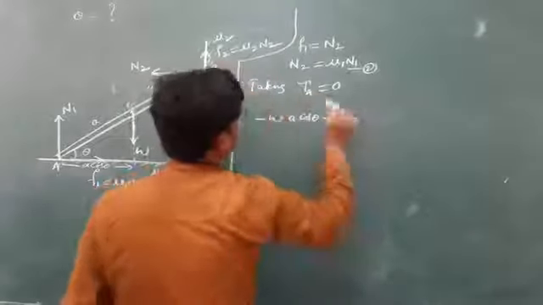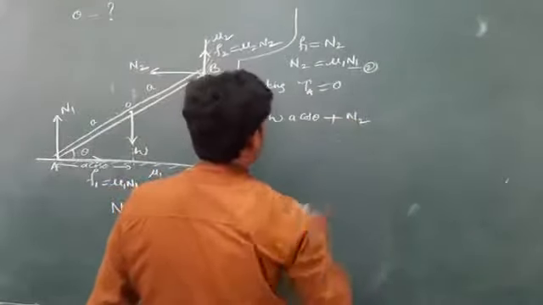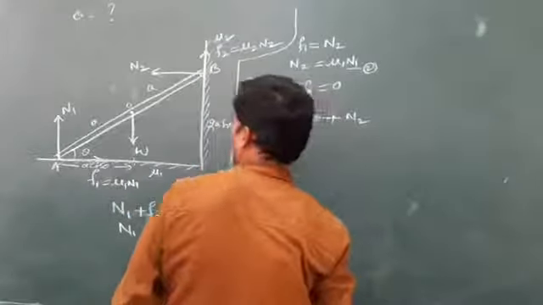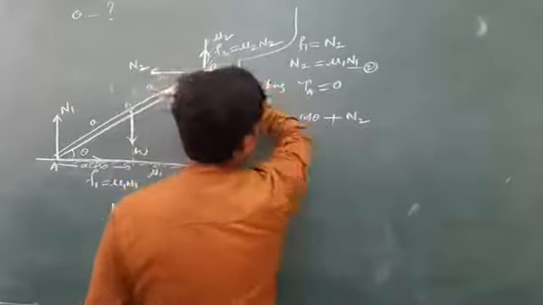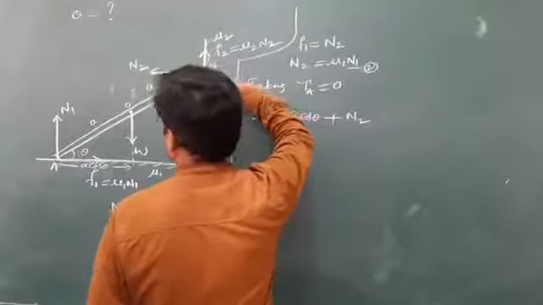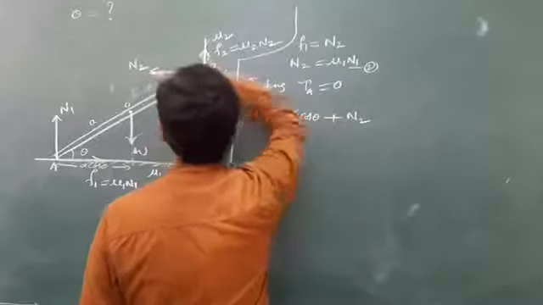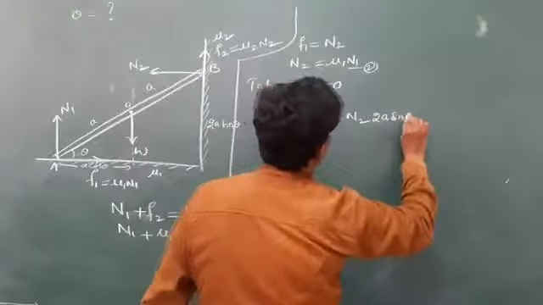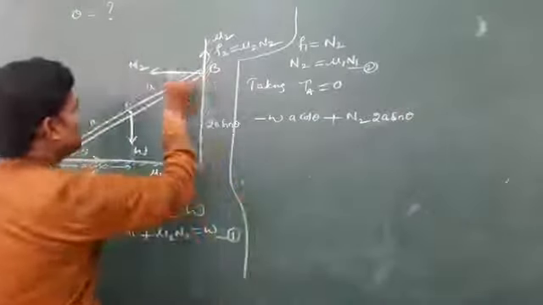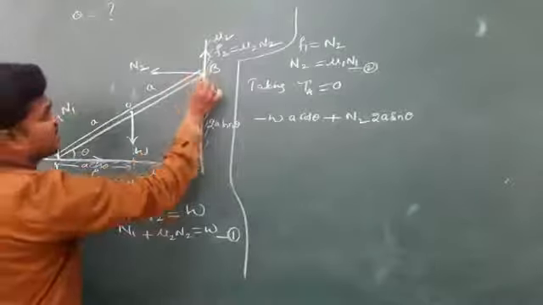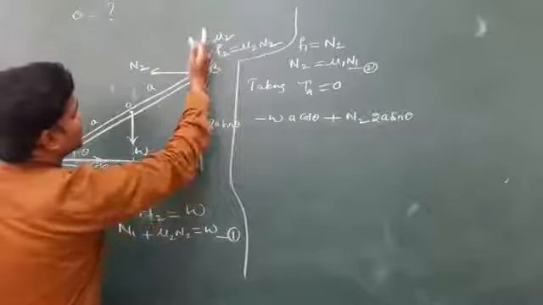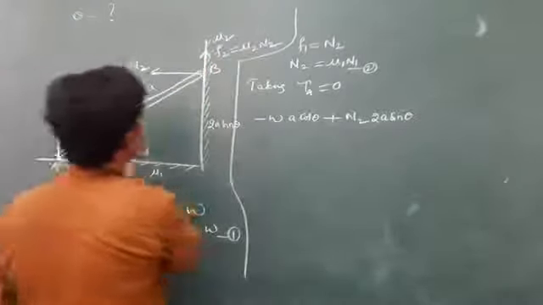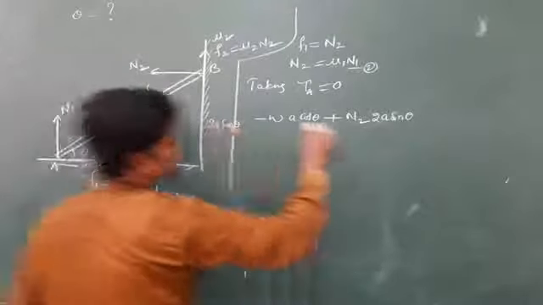Plus for this N2, this is at what distance? 2A sin theta distance. N2, 2A sin theta distance. And F2, for this F2, this is the left side, so outward. And for this N2, left side, outward.